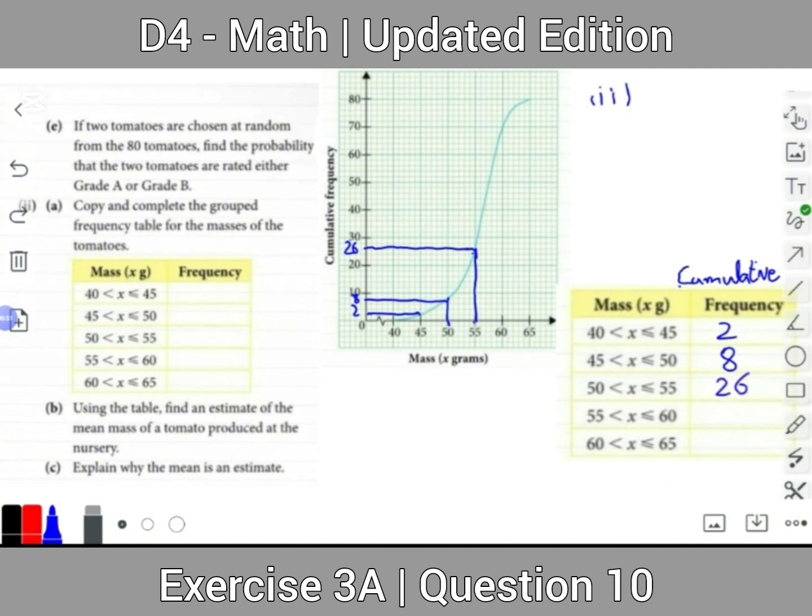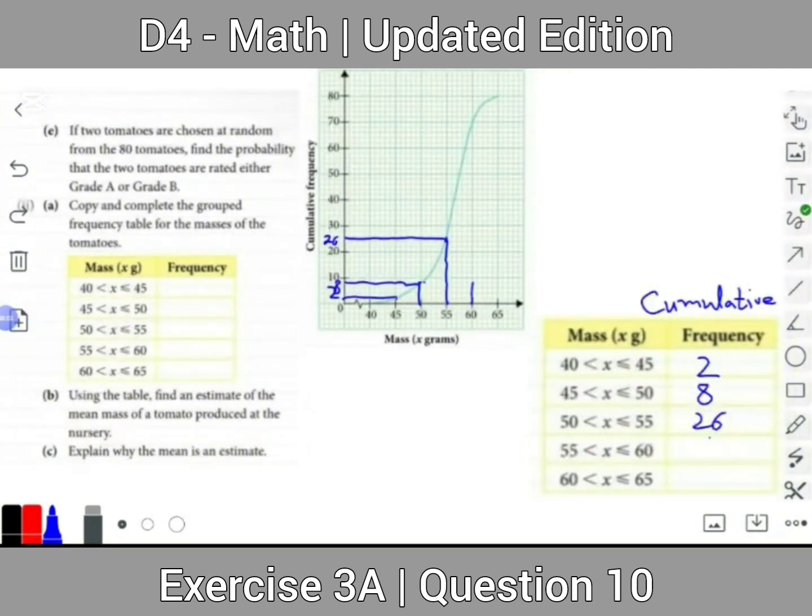Now for 60 grams of tomatoes, we have a cumulative frequency of 70. Now for 65 grams of tomatoes, we have the cumulative frequency of 80.